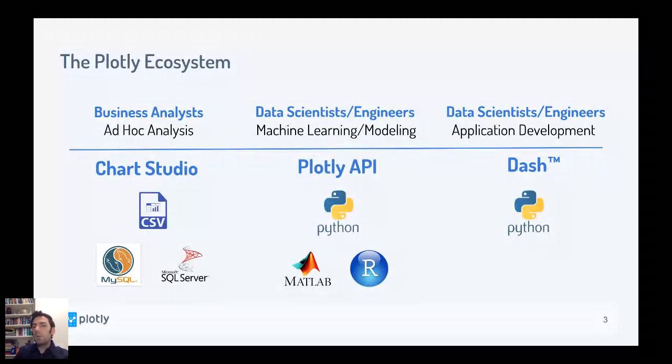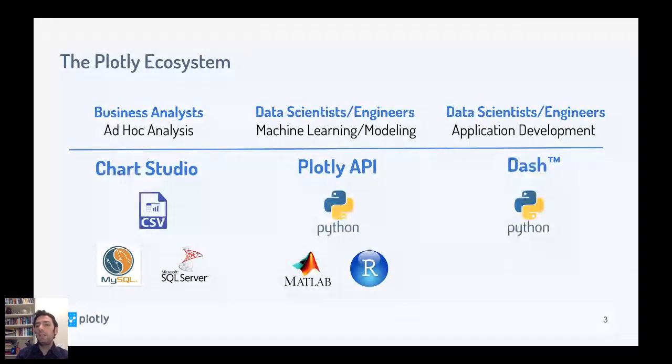And then we have more data scientist oriented use cases. So we have our API, which you're able to access via Python, MATLAB, or R, as well as a few other open source connectors, Julia, Haskell, etc. And then what we'll be going through today, which is Dash.